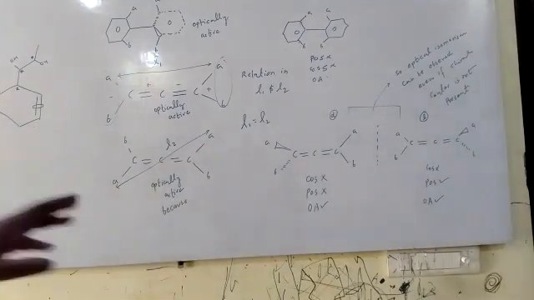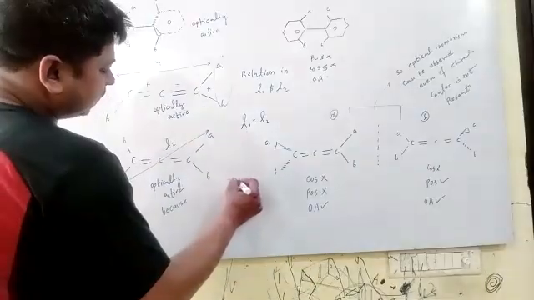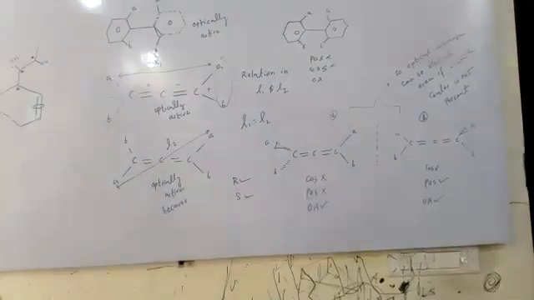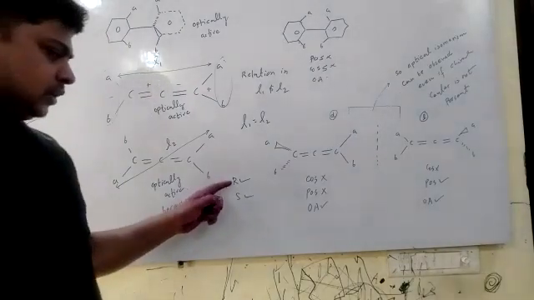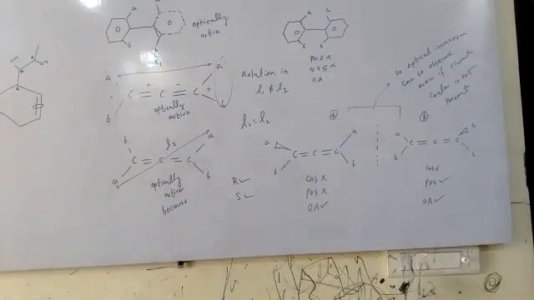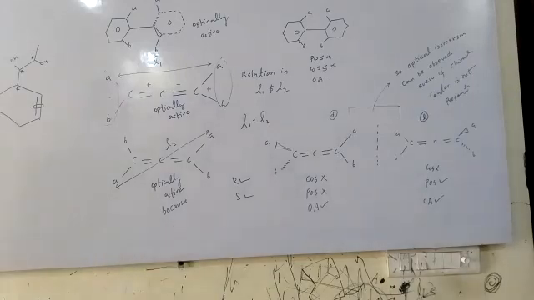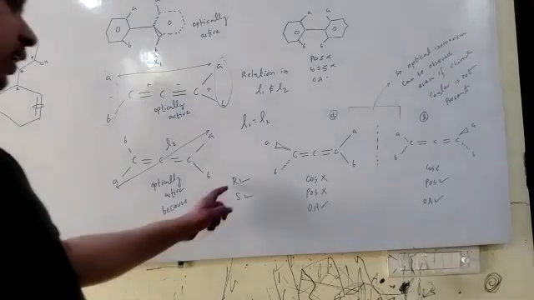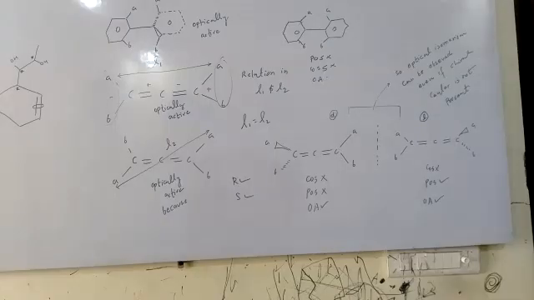Okay, so we know if we have any chiral center, we can easily calculate R and S. Yes or no? If there is one chiral center, we can tell whether it is R or capital S. Correct? For every chiral center, we can tell R or S. Do you know R and S?